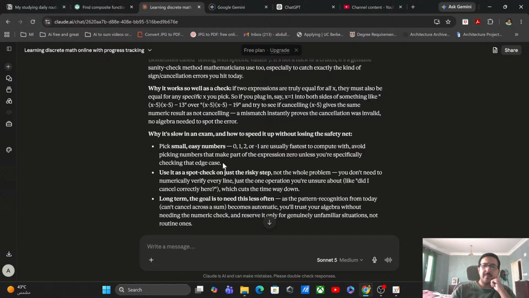Pick numbers that don't make part of the expression 0, unless you are specifically checking that edge case. Pick small easy numbers; 2, 3, minus 1 are usually fastest to compute.